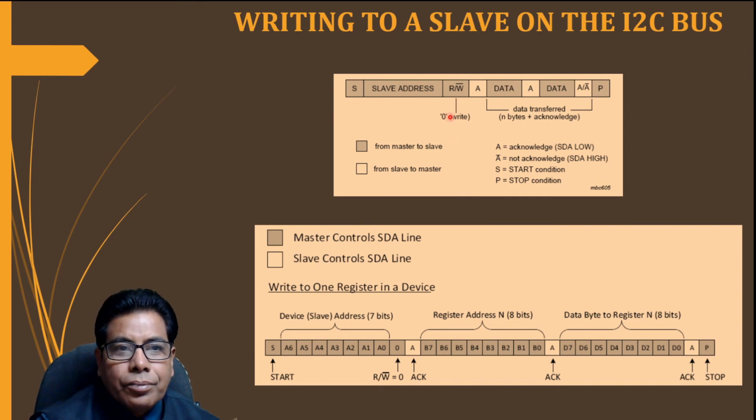Then the slave will send the acknowledgement, and again the master will send the data. Again it will be 8-bit data, and the 9th bit will again be acknowledgement.